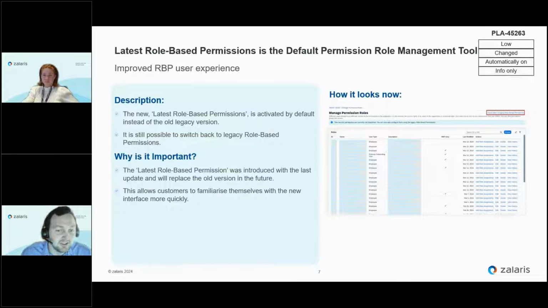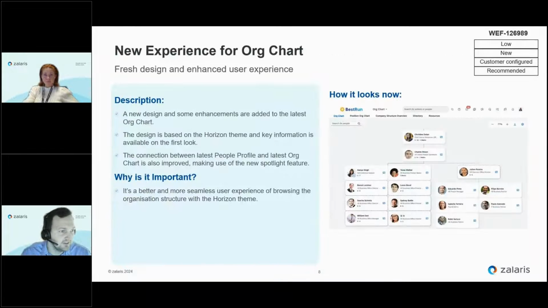So I think the printing is really nice also for documentation. If you have to document your permissions outside of the system, you can print them and put them into your Teams, for example, and hold them over there. And the next slide, please.